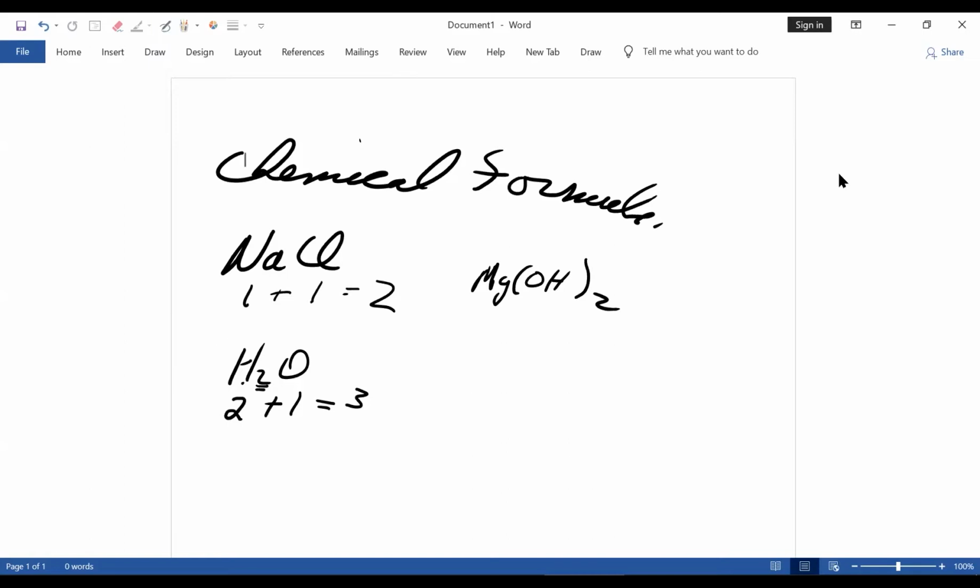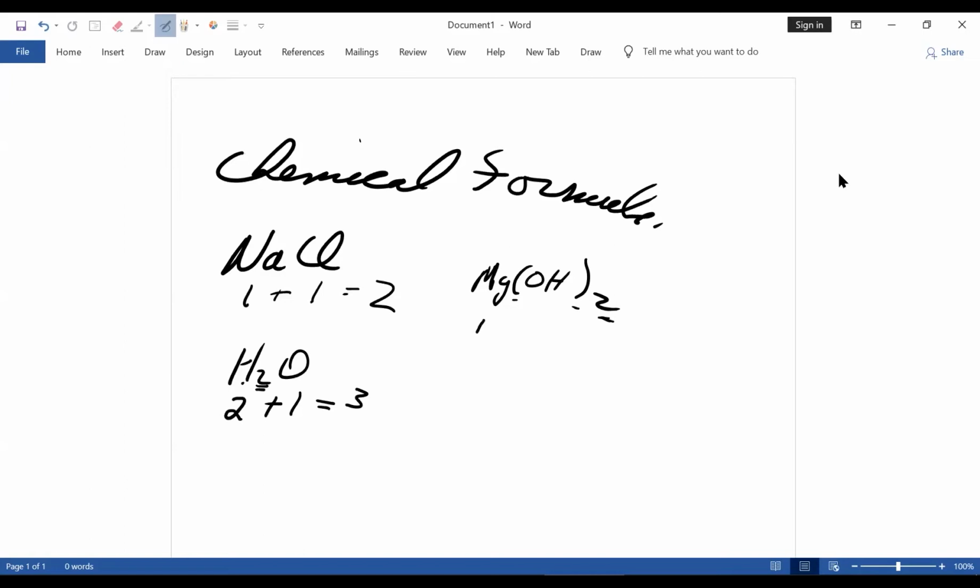It's called magnesium hydroxide. Now notice here, I have a bracket, and to the right of bracket, there's a number. And what that tells you is that inside the bracket, there's 1 oxygen, but in the molecule, it's 1 times 2. Therefore, how many atoms are in this molecule?